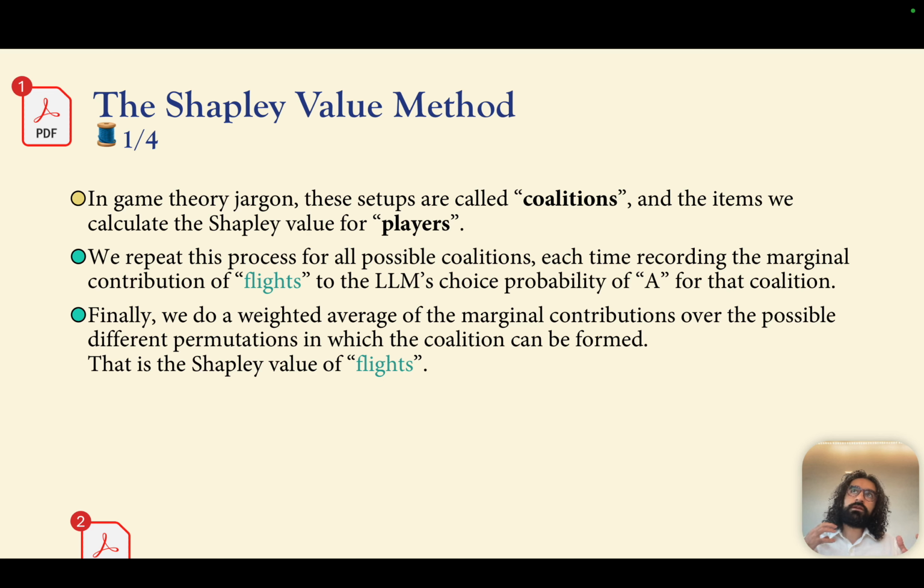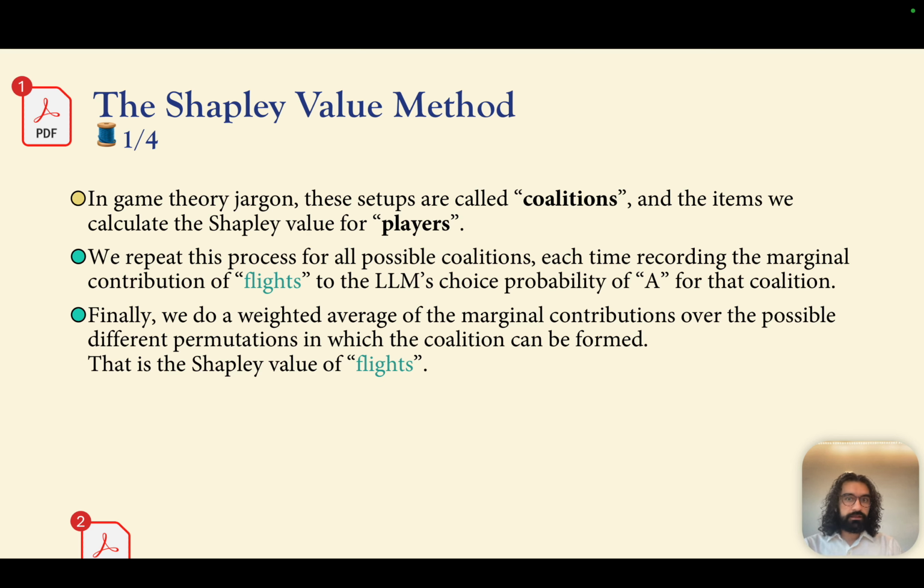When we look at the output of the model, of course, the model looked at all of the tokens, but it didn't look at all of them equally. Some of the tokens played a much more important role in the decision of the model. That's why we call them players, and these are called coalitions. We repeat this process for all possible coalitions. Each time we record the marginal contribution of flights, or the player that we're interested in, to the LLM's choice probability of A for that coalition.